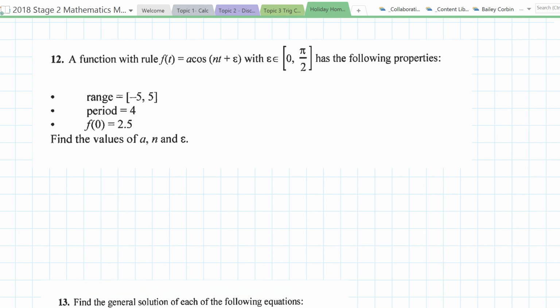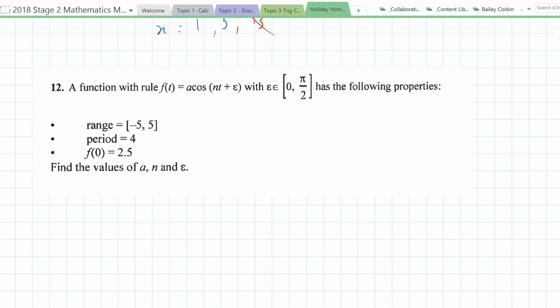Alright, here, I guess, is a matter of knowing what properties come from areas of this, or what these are in terms of properties. And I might photocopy you guys part of the Year 11 textbook because it's covered really well in the Year 11 textbook. Alright, the range here is between minus 5 and 5.